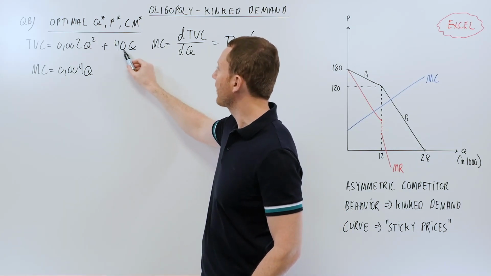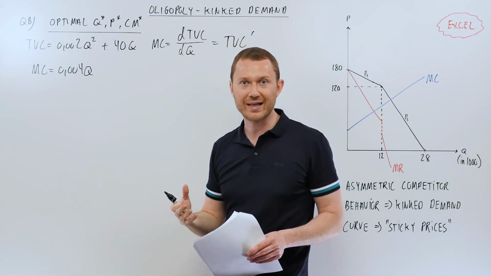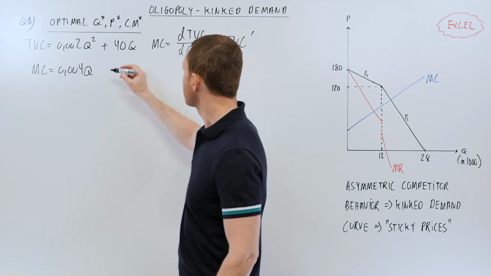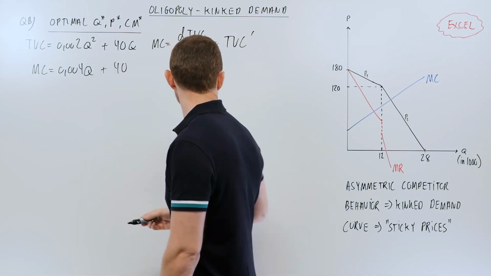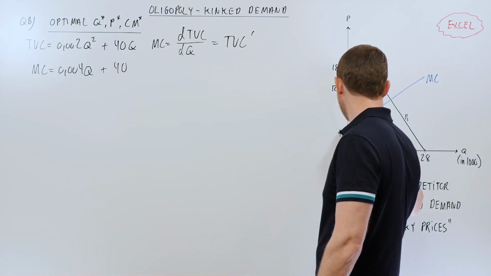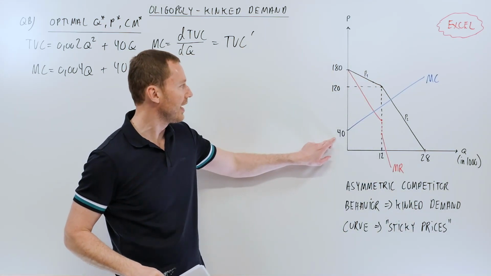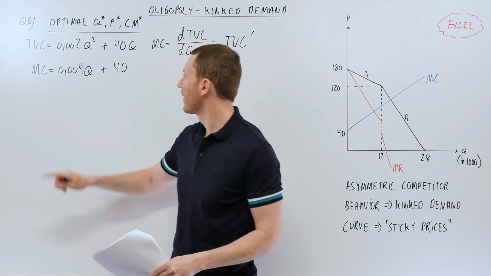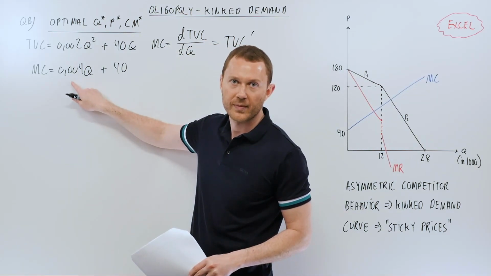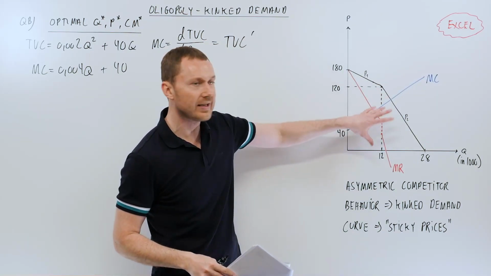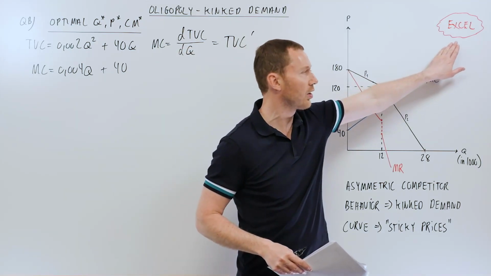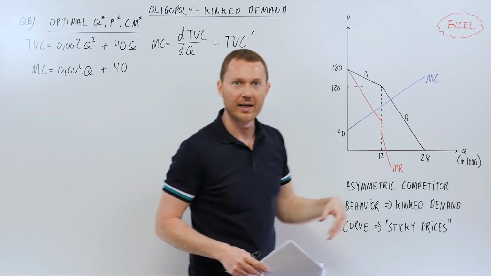Plus 40q differentiated gives you 40. So plus 40. We know now that our marginal cost function will start at 40 and increase with this slope.